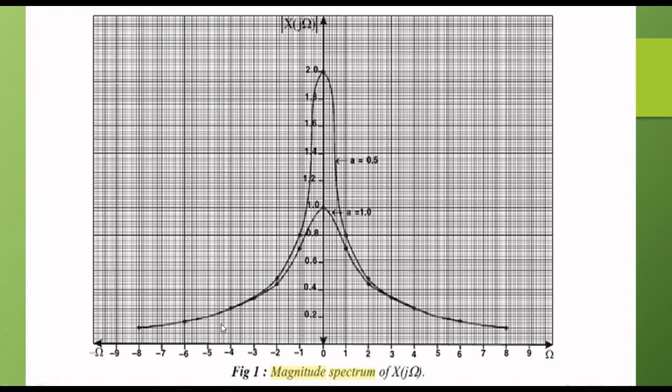Finally, the magnitude spectrum and phase spectrum graph goes like this. This is the magnitude spectrum graph. This shorter wave is for a equal to 1, and this elongated wave you get for a equal to 0.5. And this is your phase plot. This is how you calculate the magnitude spectrum and the phase spectrum for any given signal.